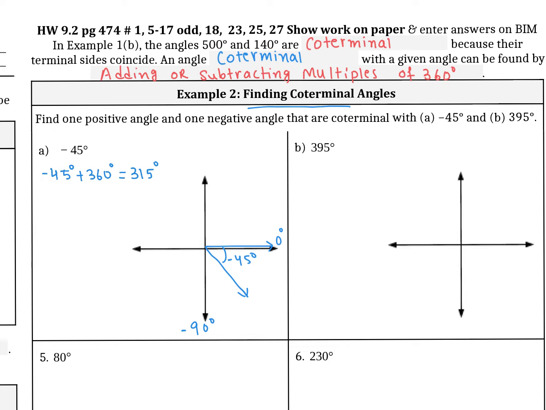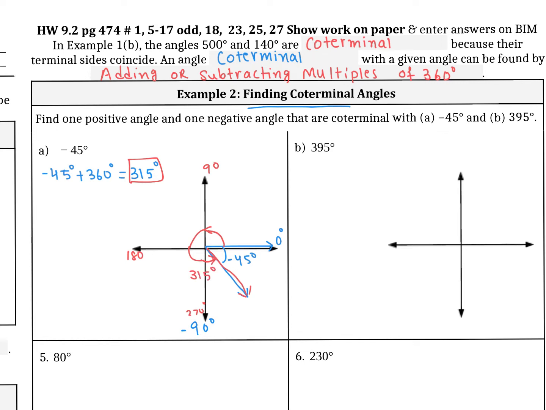And you can see that from going this to this is going to be 90, 180, 270, and this to this line is 315.